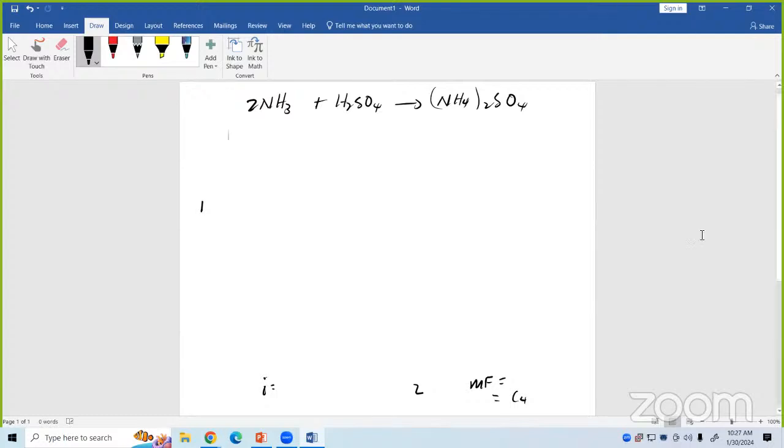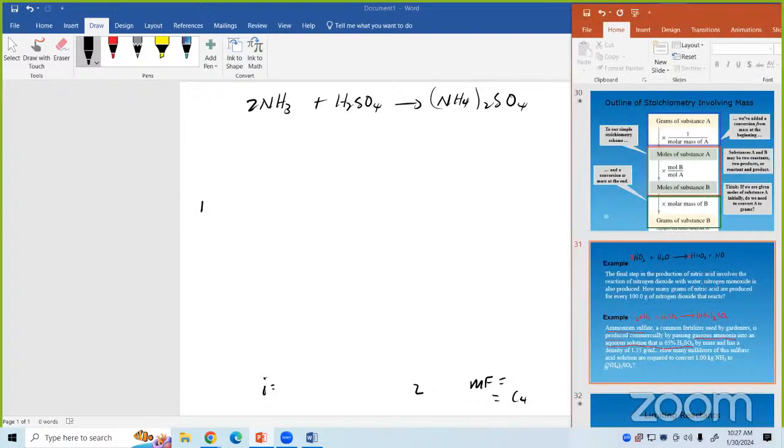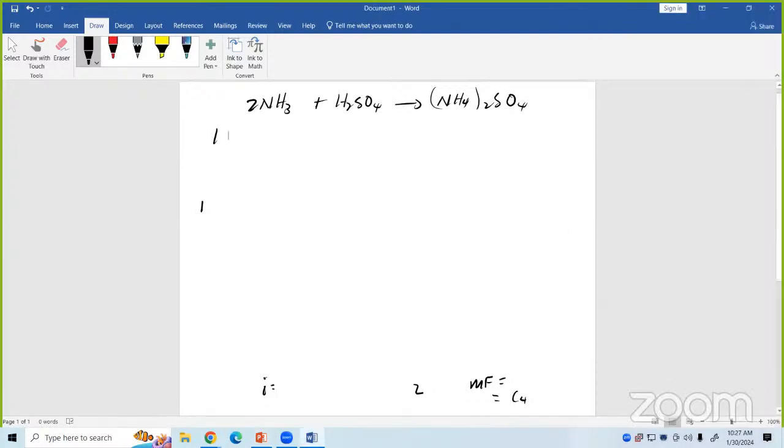The question says that they gave you 1.00 kilograms of ammonia. And the question is asking for the milliliters of H2SO4 solution that will react with it.